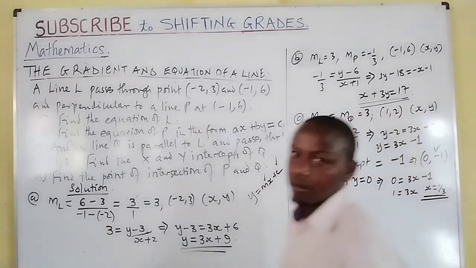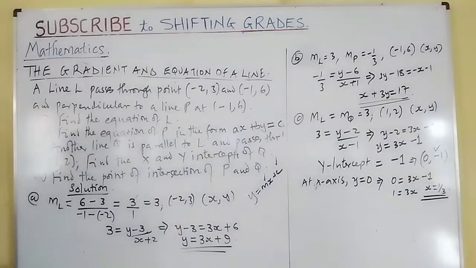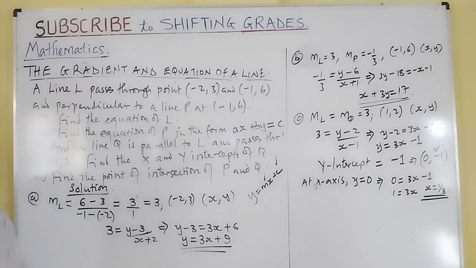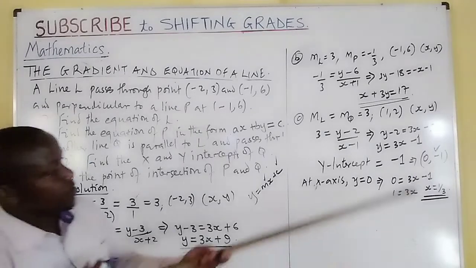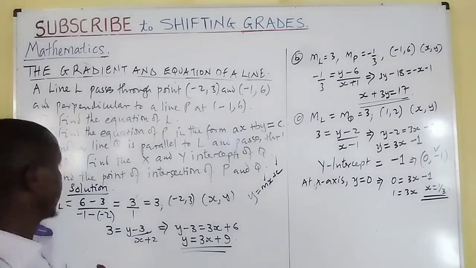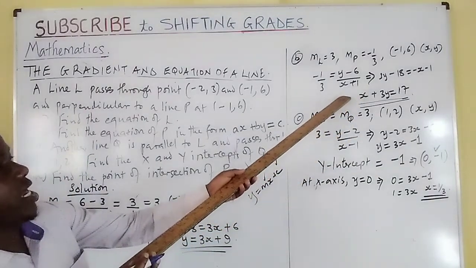Then lastly, on the same question, we are trying to find the point of intersection of P and Q. The equation for Q we found here, and for P we have also done it here.